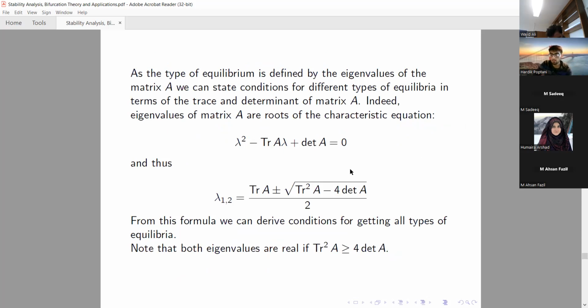You can do an exercise and look for it yourself. And thus lambda 1 and 2 are defined by the quadratic formula. And of course, eigenvalues will be real if trace squared minus 4 times determinant of A is positive, which is just saying that the discriminant is positive.